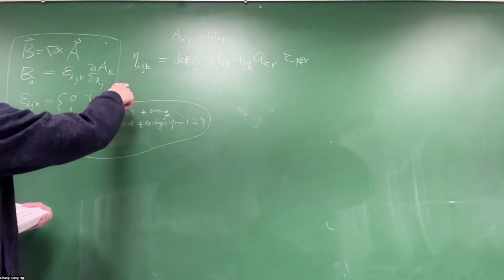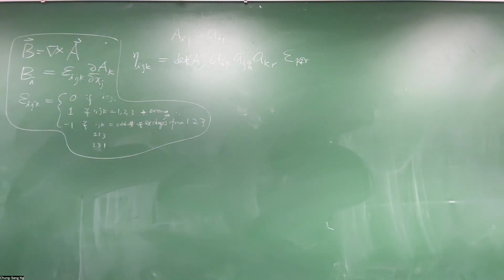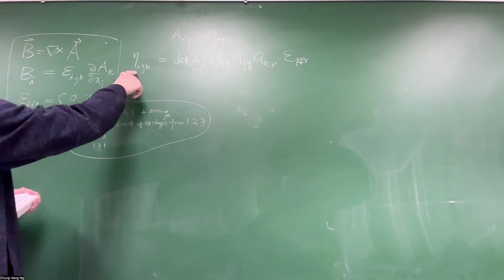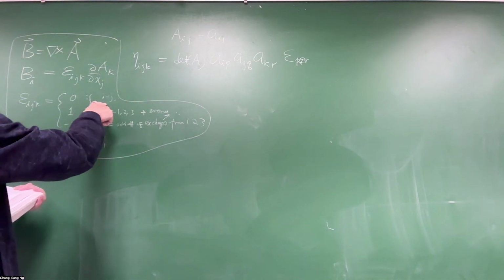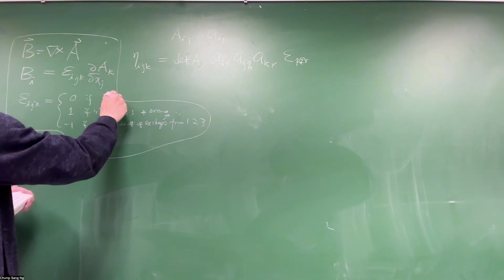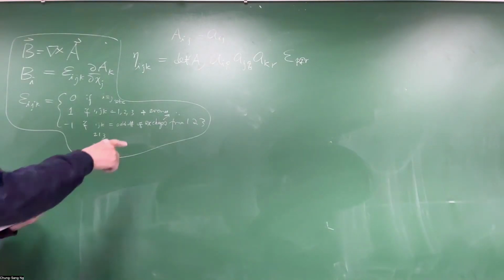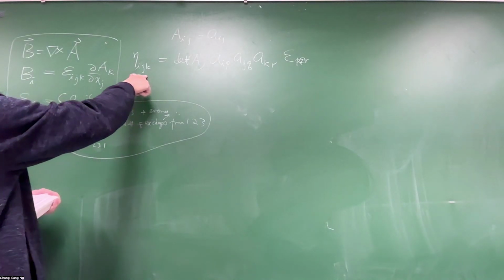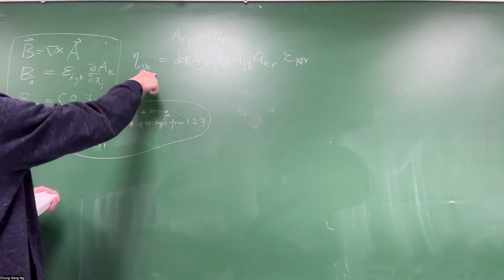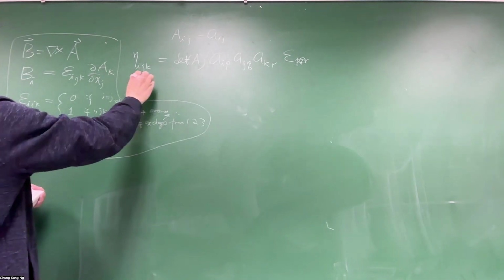Because first you just consider all these cases, right? If you have two repeated indices, ijk has this repeated index, i equals j or j equals k or whatever, all these cases. Like consider i equals j, you have two of them that are the same, so a to i k, right?